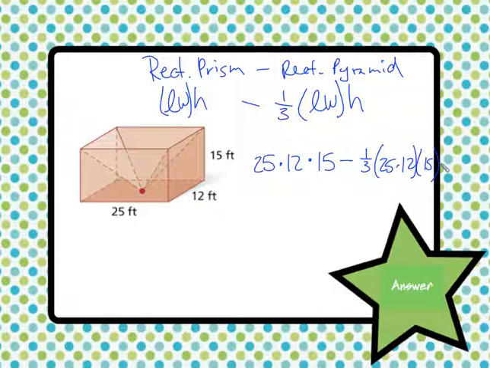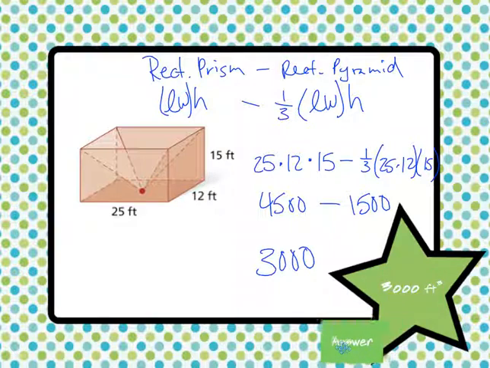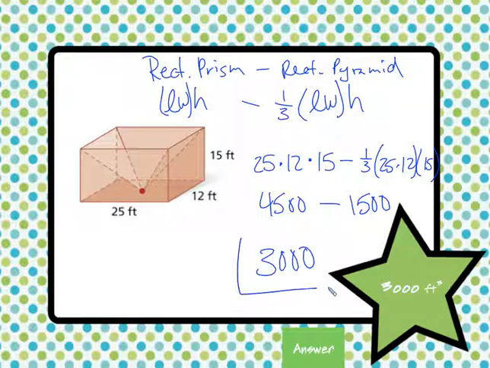So 25 times 12 times 15 is 4,500. And if I do that again, but times 1/3, I get 1,500. So if I subtract those, I get 3,000. Perfect. That's actually not too bad. And that's all there is to volume of pyramids and cones.